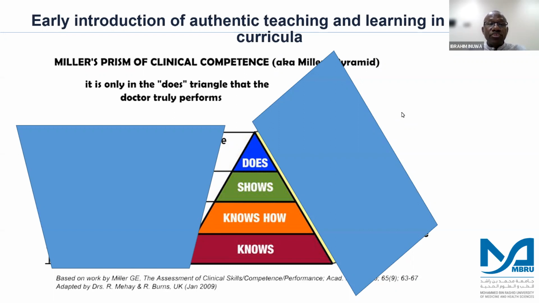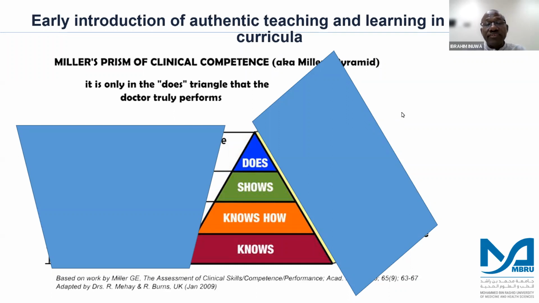And then as you keep going up the pyramid, the peak of the pyramid is when you have your product ready to be able to perform in that context or in that profession.